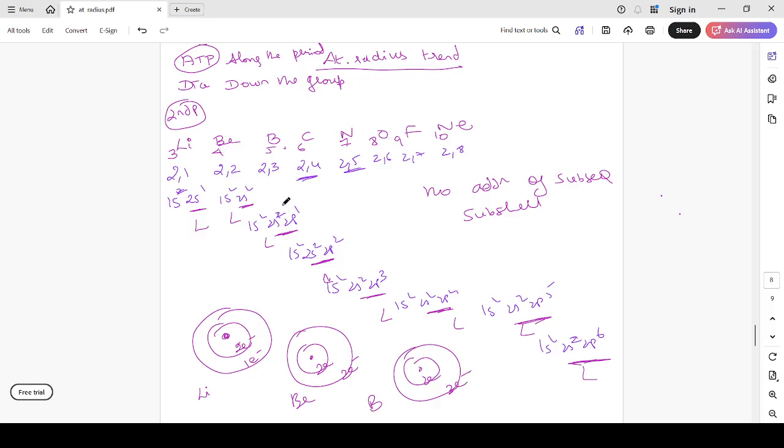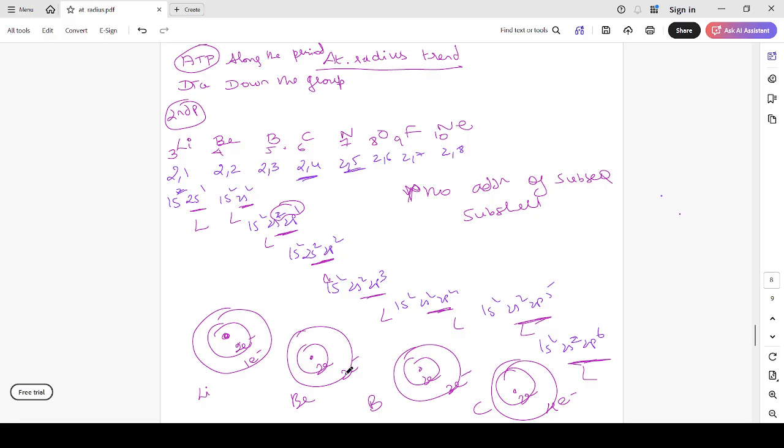Am I right? Totally how many are there in the valence shell? 3 electrons are there. Correct? Yes, ma'am. Look at carbon: 2 electrons and 4 electrons in my second shell. Can you see I am adding the electrons in the same shell, first point.